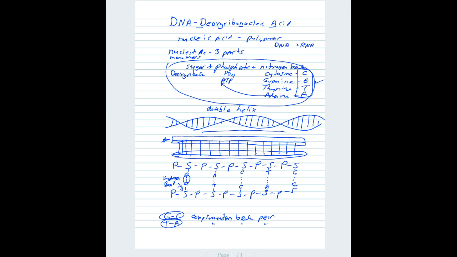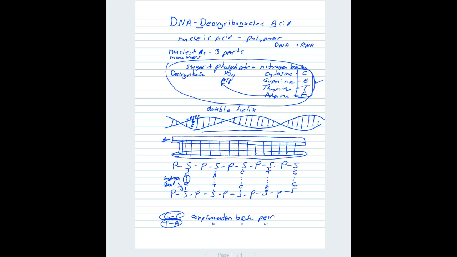Now, if I were to put these letters up here on our double helix model, you might see a sugar there, a phosphate there, a sugar there, a phosphate there, a sugar there, etc. And you would see maybe a G here and a C there.